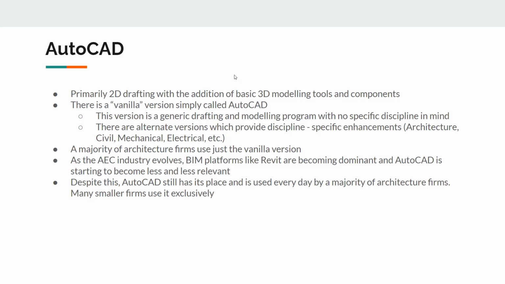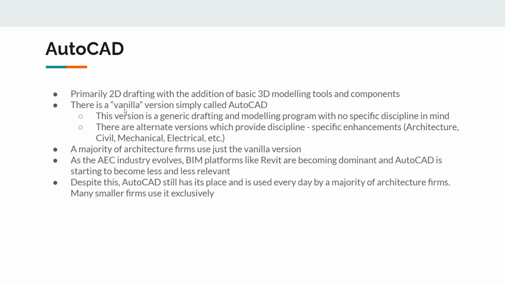Later on, when we get more into Revit and 3D like that, we will have to refer back to AutoCAD because there are a lot of 3D models that are generated using AutoCAD that we will then pull into Revit. But for right now, for the next few weeks or so, we're only going to be using AutoCAD for its 2D drafting abilities.